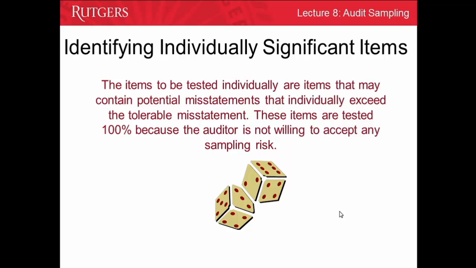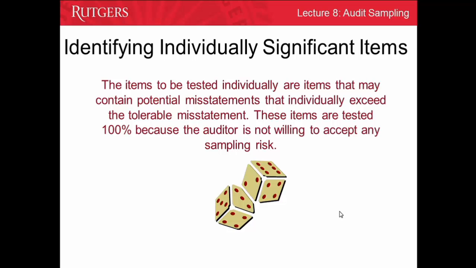First, let's take a look at identifying individual significant items. In many non-statistical sampling applications, the auditor determines which items should be tested individually and which items should be subjected to sampling. The items that will be tested individually are items that may contain potential misstatements that individually exceed the tolerable misstatement.